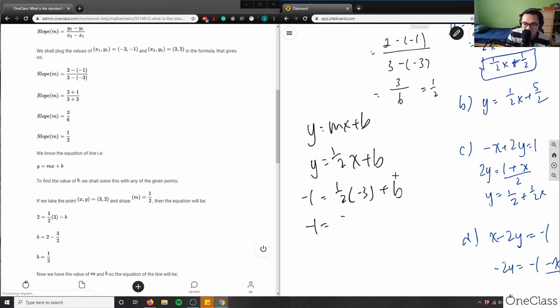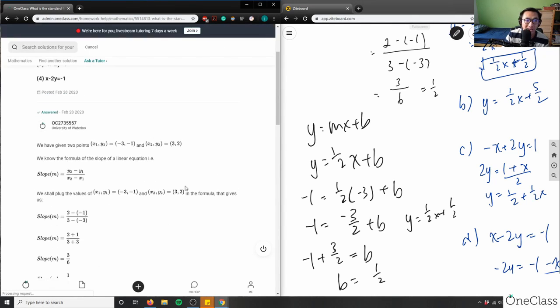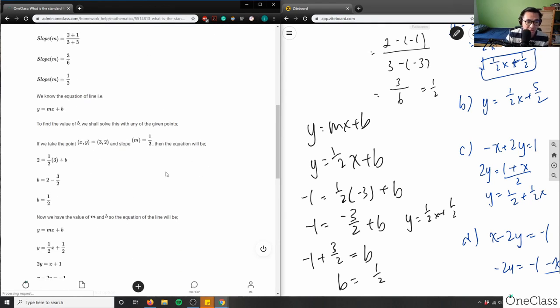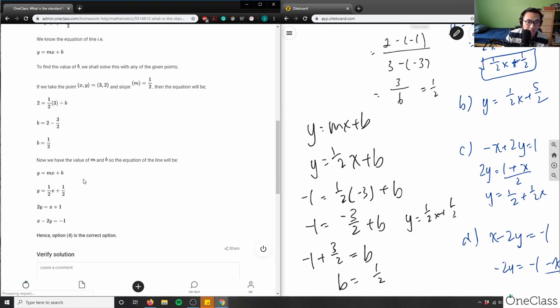Half times -3 is negative 3 over 2 plus b. I'm going to add 3 over 2 to both sides to get b. So b here would equal half, right? So in this case, my equation is y equals half x plus half, and that's going to be my y-intercept equation here.